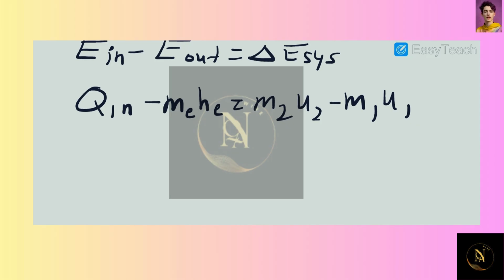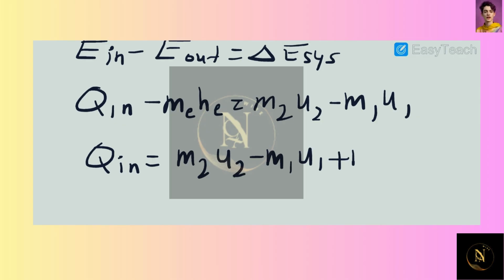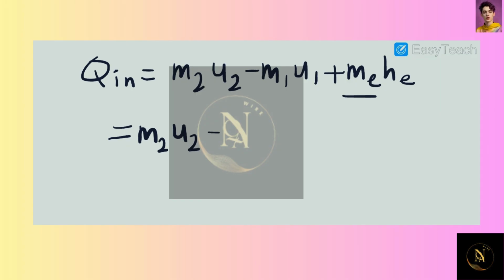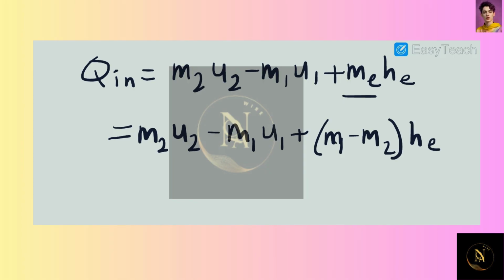Now we can go ahead and just isolate Q_in and say that Q_in is equal to m_2u_2 minus m_1u_1 plus m_e h_e. We can actually combine this energy balance with our mass balance and plug in for m_e and say that Q_in is equal to m_2u_2 minus m_1u_1 plus (m_1 minus m_2) times the exiting enthalpy.